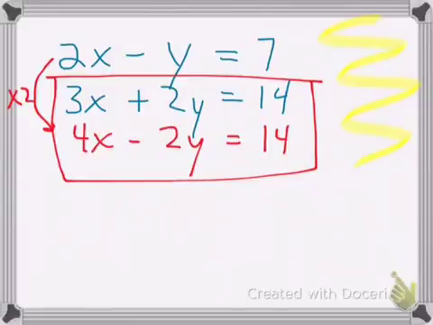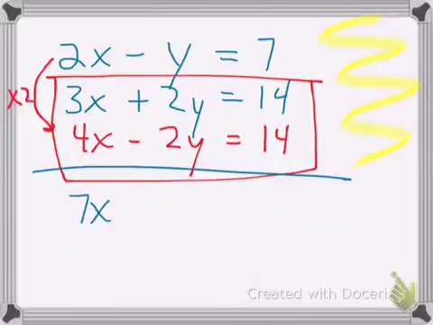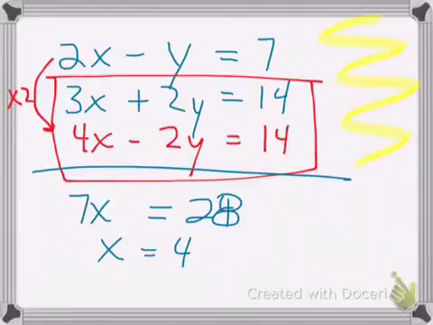All right, then we can eliminate, yes? 3x plus 4x, 7x. Positive 2y minus 2y is 0. 7 plus 14 is 21. 28. Thank you. 14 plus 14 is 28. X equals 4.